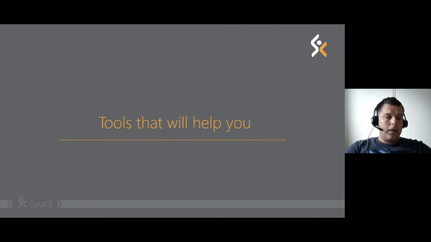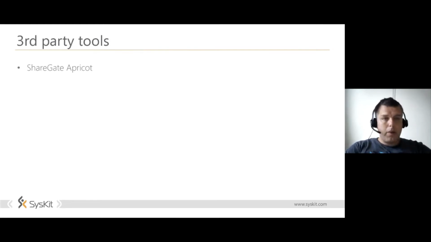Beside PowerShell and the Microsoft Admin Center and their portal, you can use third-party tools that will help you do all this. So as a third-party tool, you have the awesome Canadian company ShareGate.